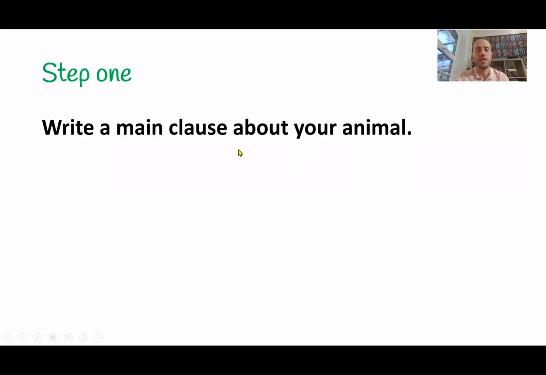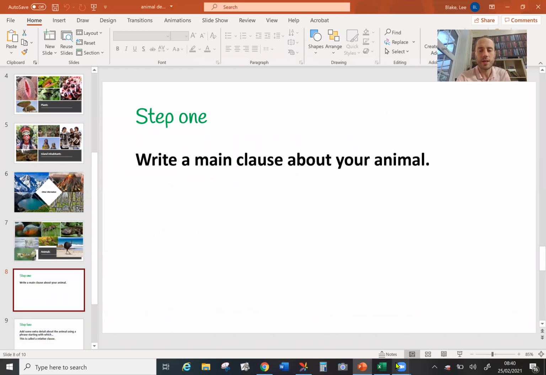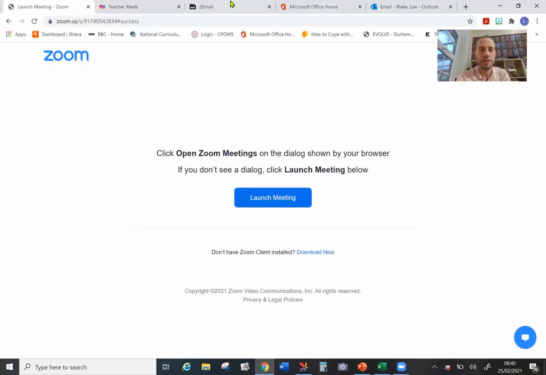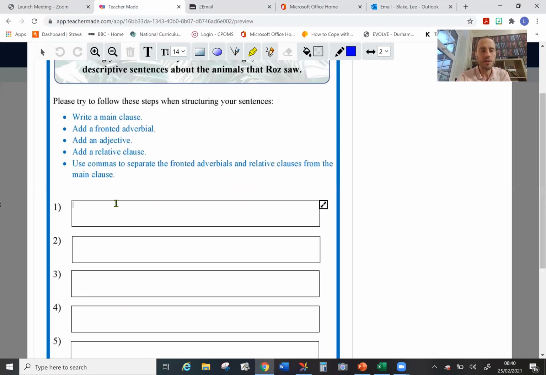So step one, write a main clause about your animal. That could be as simple as there was a snake. Roz saw a bat. That would be a main clause. It makes sense on its own. It's got a verb and a subject in it. So if I go to your activity sheet today on Teacher Made, sentence number one, write a main clause about your animal.